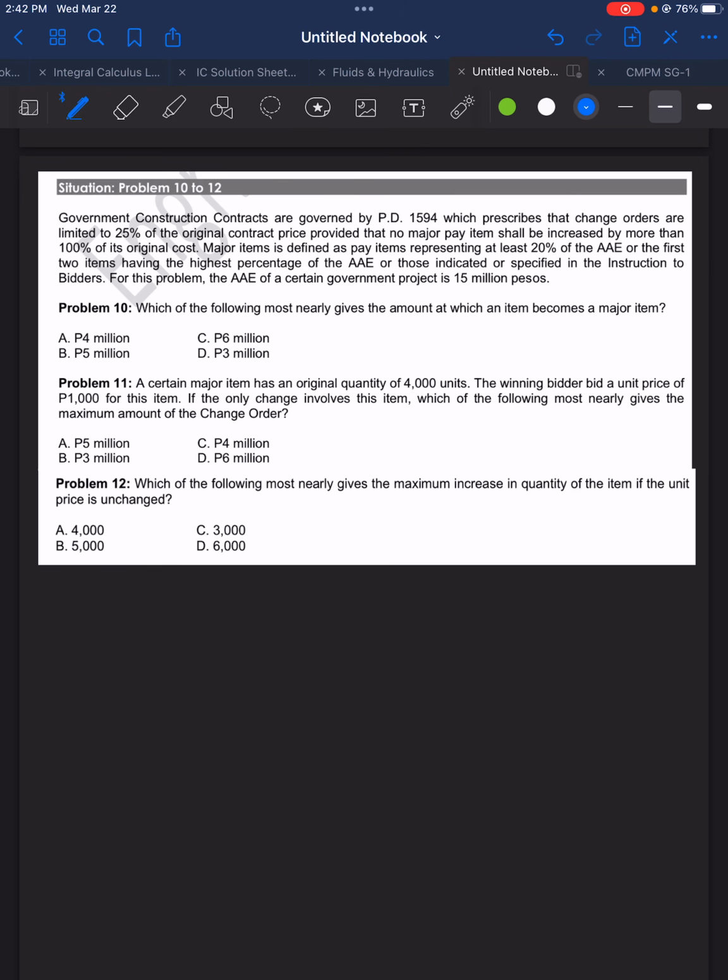Major items are defined as pay items representing at least 20% of the AAE, or the first two items having the highest percentage of the AAE, or those indicated or specified in the instruction to bidders. For this problem, the AAE of a certain government project is 15 million pesos. So AAE is 15 million.